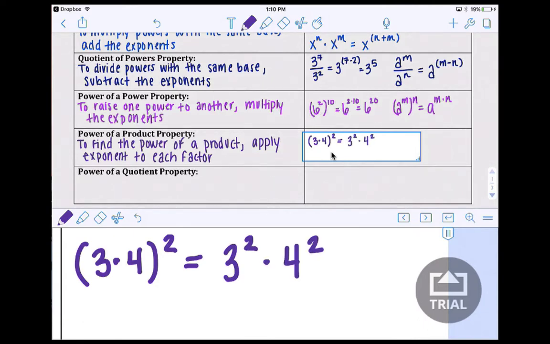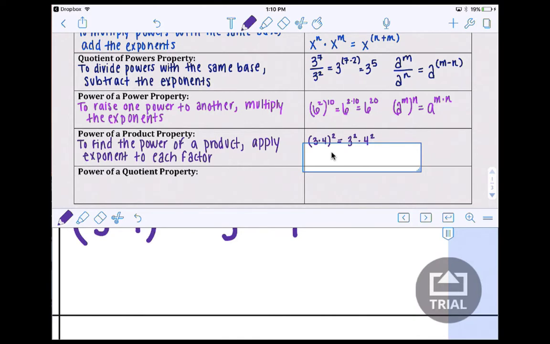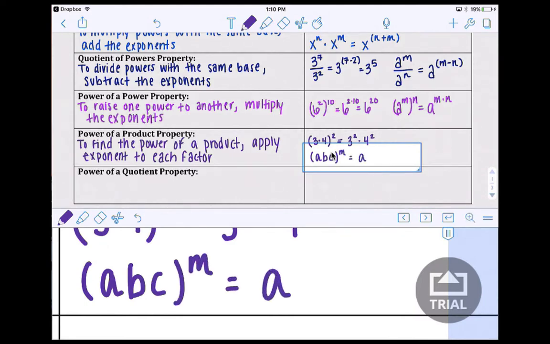Most of us in our math career would just do 12 squared, which is what I want you to do anyway. I'm just trying to show you an example of the property. What you're going to see more in your homework tonight is when you have A, B, C all to a power. That's the same as saying A to the power, B to the power, and C to the power. Okay, you apply it to everything.